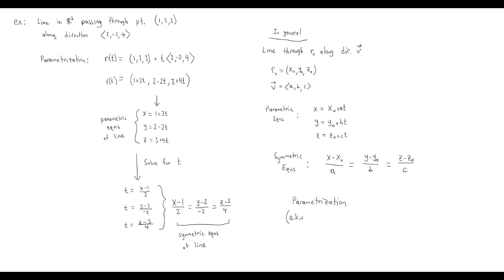So parametrization, aka the vector equation, which took the form of a function r of t equal to r naught plus tv. So these are the three ways that we have of describing a line in 3 dimensions.